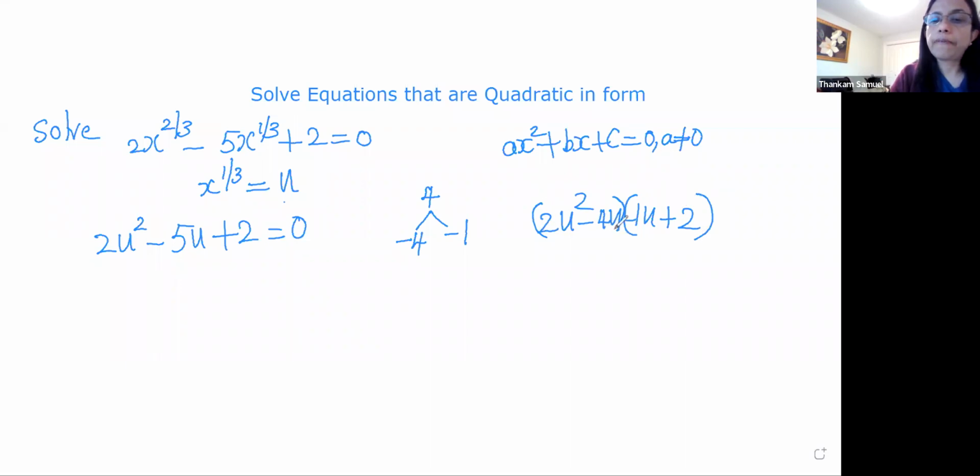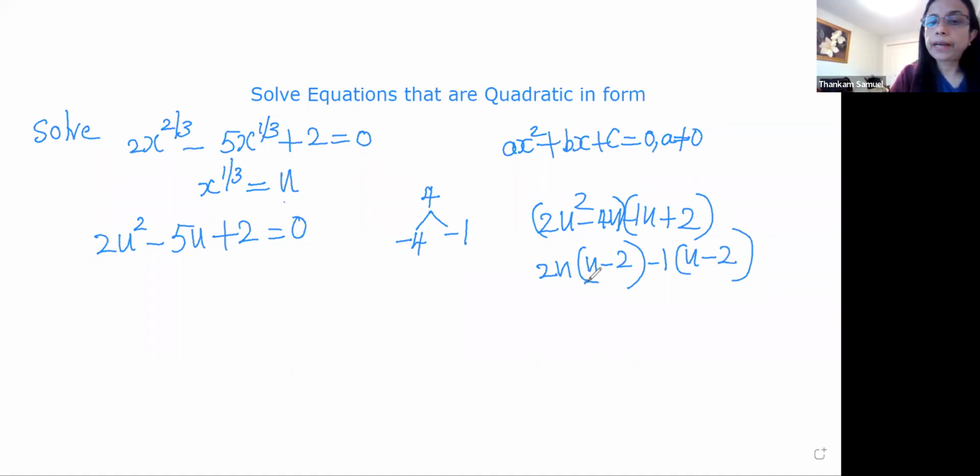So find the common factor from the first 2 terms, that is 2u. When you factor out 2u, you have u minus 2. So we need to get the same binomial factor from this group. So you have to factor out -1. So -1 times u minus 2.